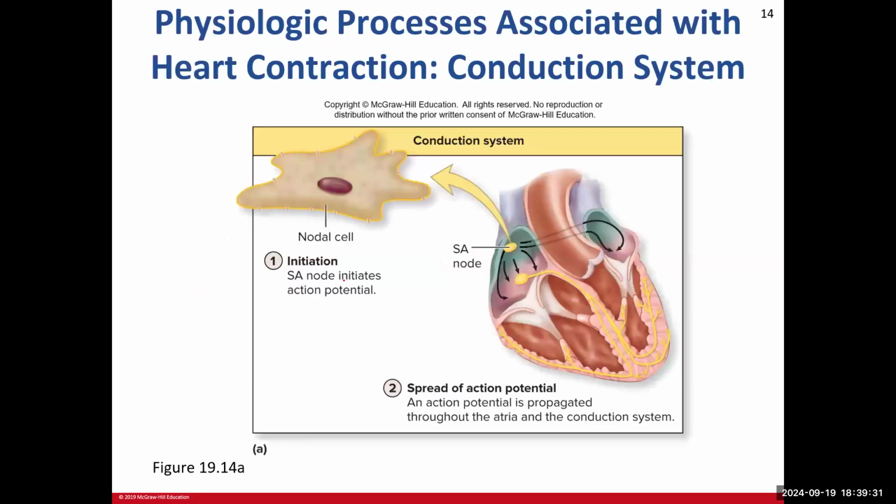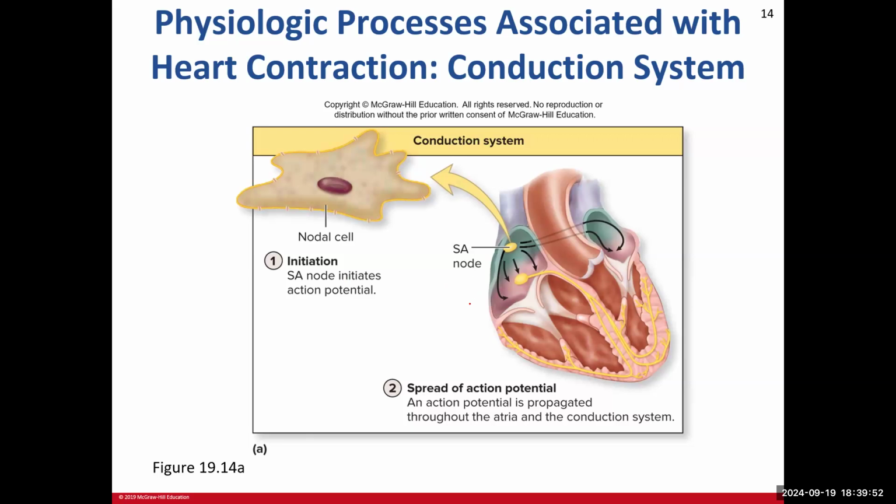Good. All right, so here's that nodal cell I was telling you about. So you have all these nodal cells sitting in the SA node. Keep in mind, they initiate the action potential there. Like I said with that analogy, it's like throwing a big rock into a pond and then the ripples just go out from there. And that's what those action potentials do.